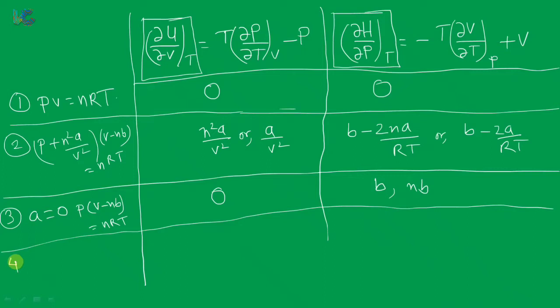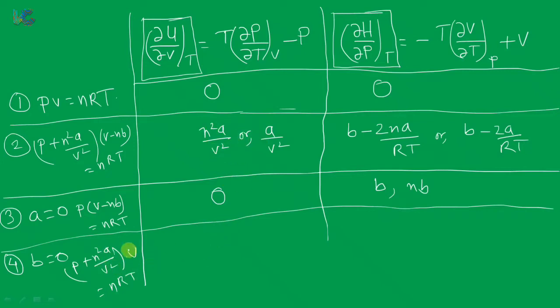Now for a gas equation where B is equal to 0, you are talking about this gas equation, (P plus n square A by V square) into V equal to nRT. Here no B term is there; the A term is present but the B term is not.